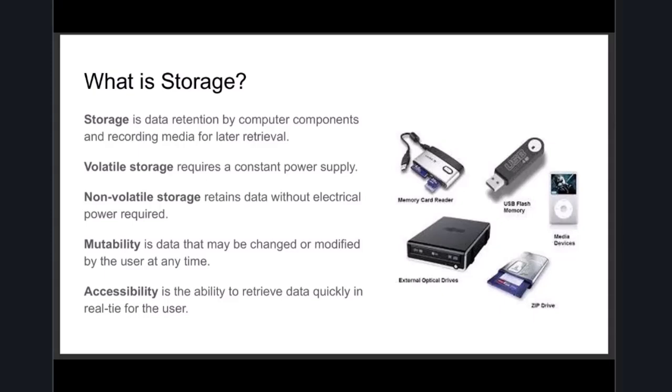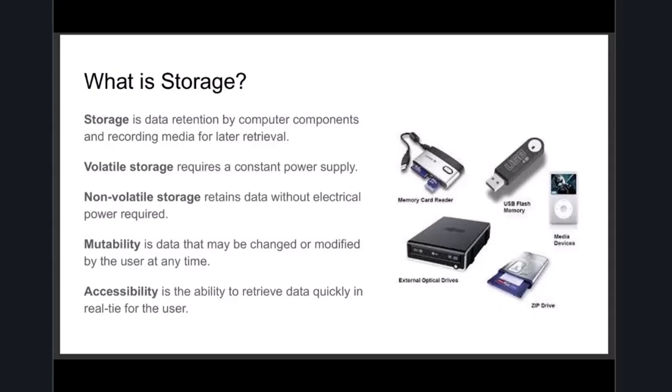Storage is a functionality that can come in many different forms. Some common storage device types are USB flash drives. These are portable and mobile storage where we can connect to any type of USB slot on a computer. We also have optical storage. Optical storage is when we use disk technology to store data.